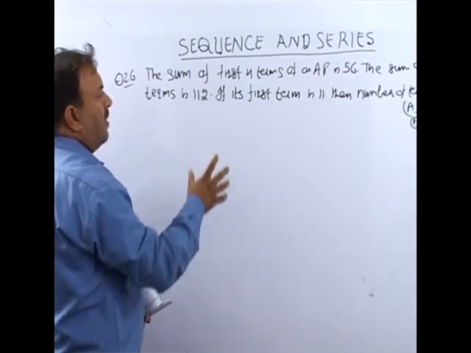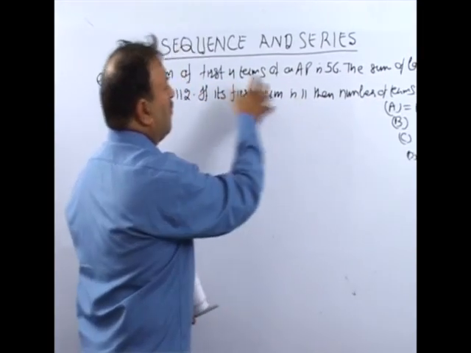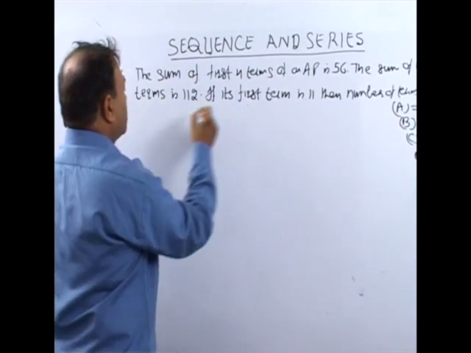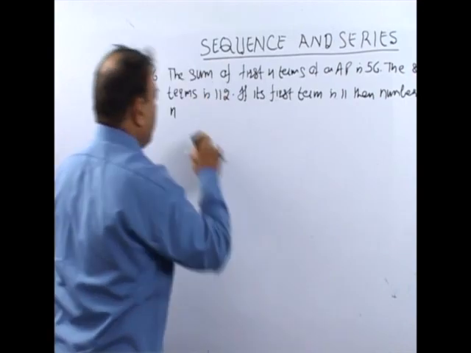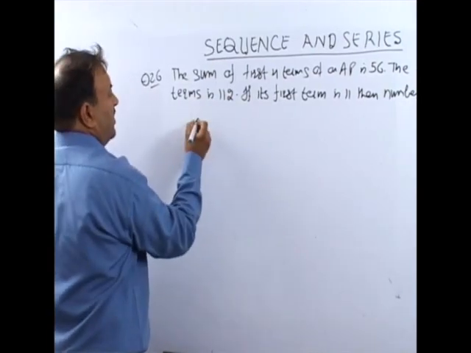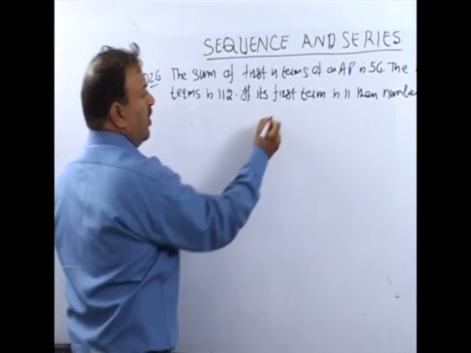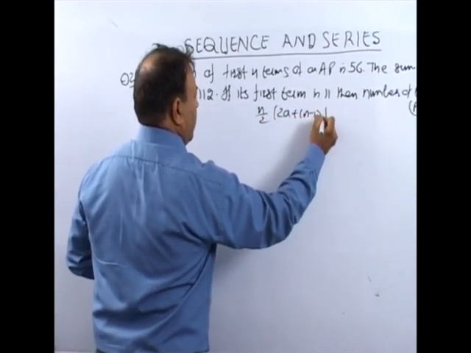What is given here? We are given the sum of the last four terms and the sum of the first four terms. So what will the sum of the first four terms be? The formula of Sn we know: Sn is n by 2 into 2a plus (n minus 1)d.